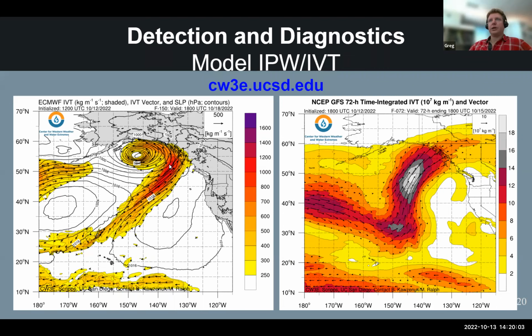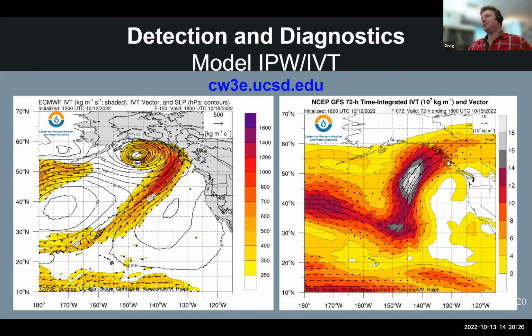So this one is showing instantaneous IVT from the ECMWF model. And then perhaps even better than that is time integrated IVT. So this shows 72-hour time integrated, so it's both time integrated over 3 days and then vertically integrated through the atmosphere.